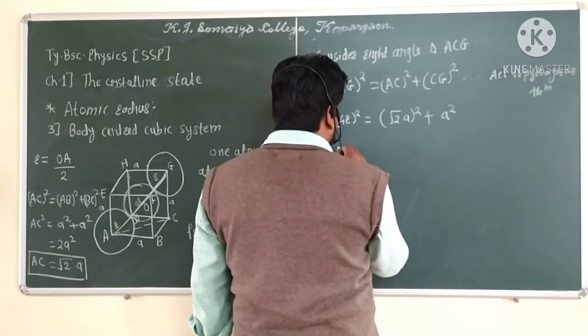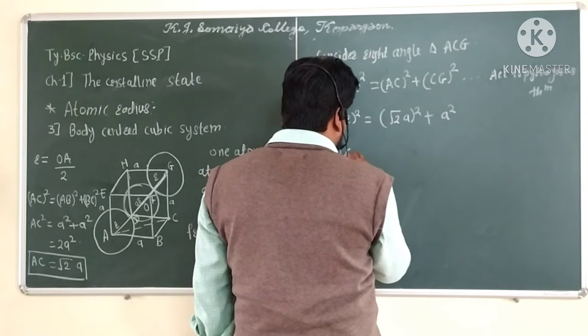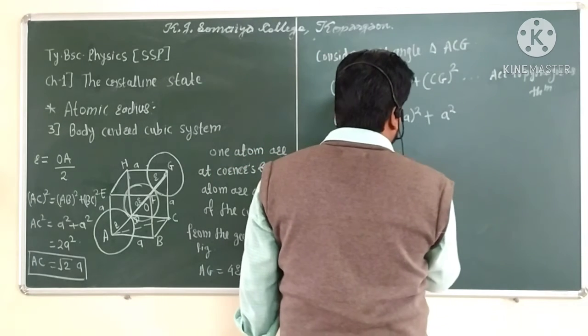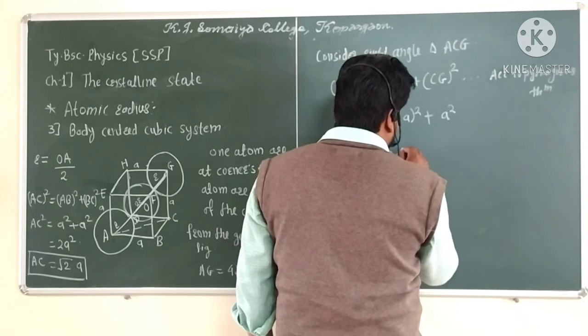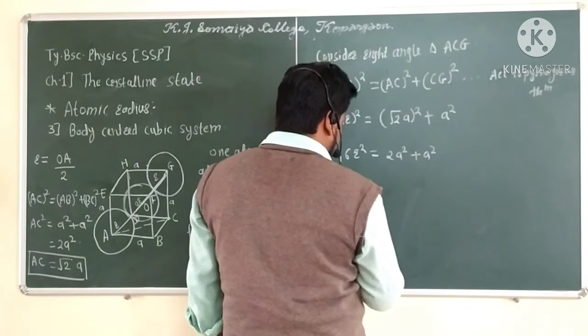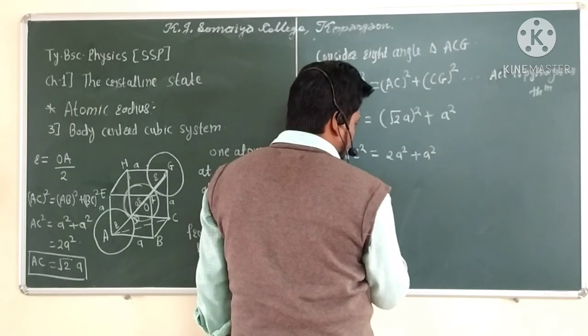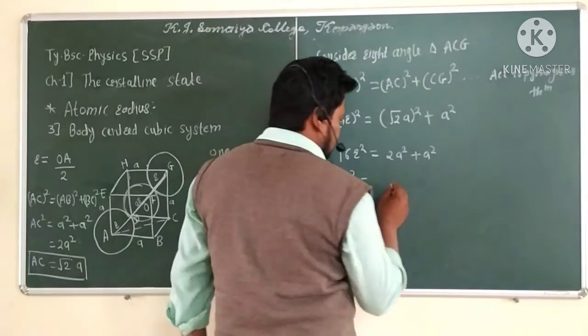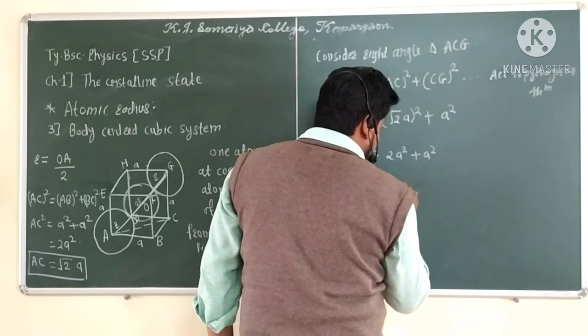So 4R whole square, which is nothing but 16R square, is equal to 2A square plus A square, which is 3A square.